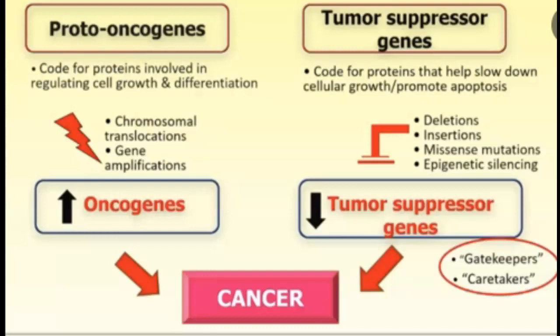Tumor suppressor genes are more examples of fighting against cancer. They code for proteins that slow down cell growth, which is kind of like the opposite of oncogenes in a sense. So when they notice things that go wrong, they halt the cell cycle.